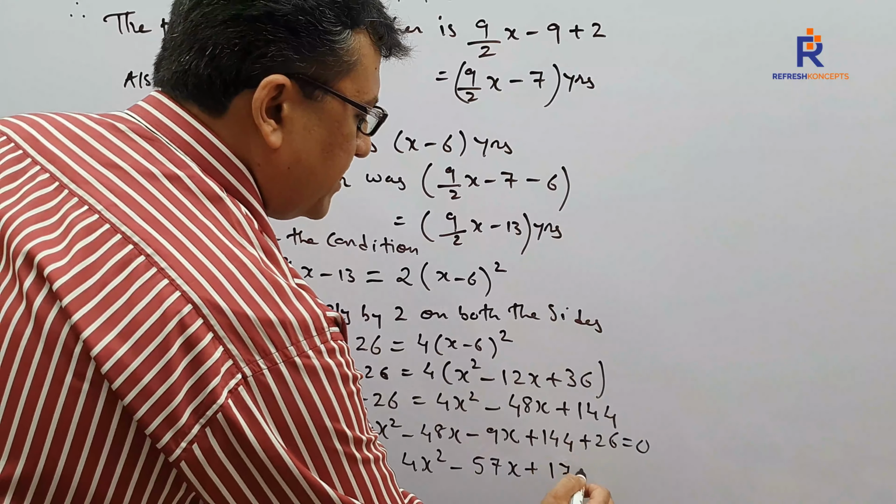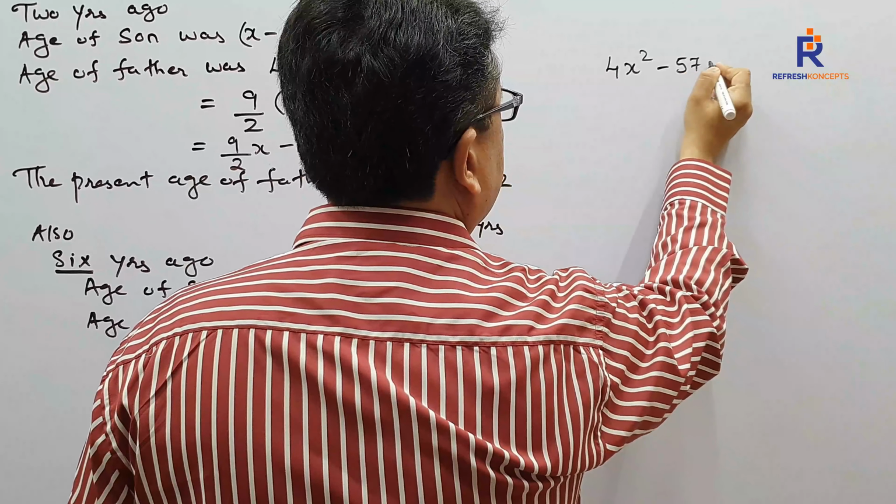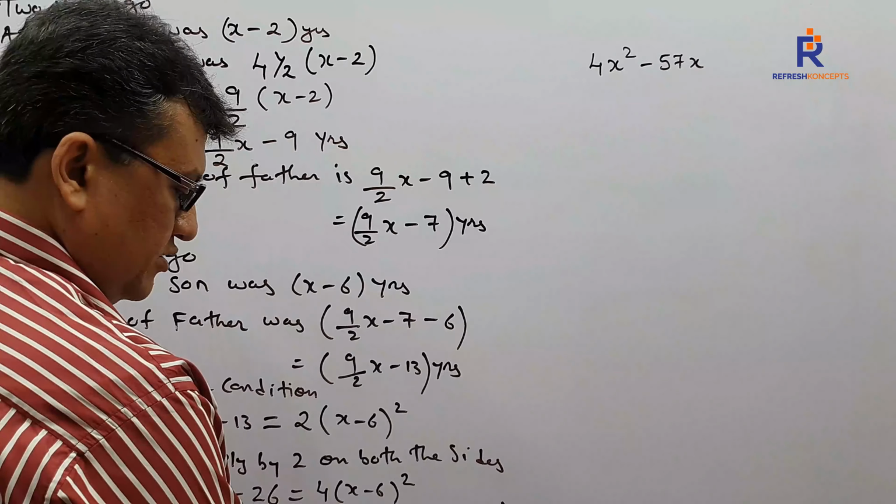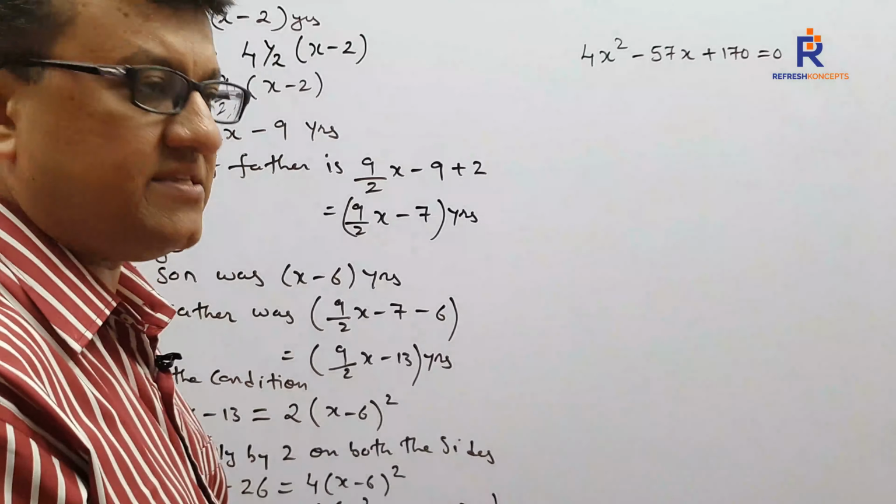Now children, we are supposed to find the factors. We have a quadratic equation 4x square minus 57x plus 170 equals 0. Do we need to factorize this? Indeed.